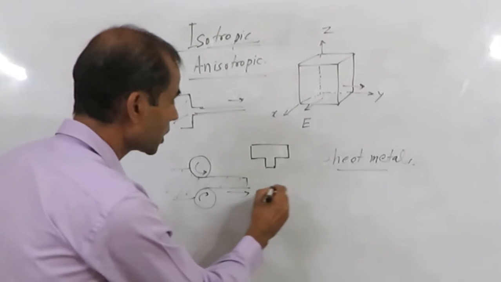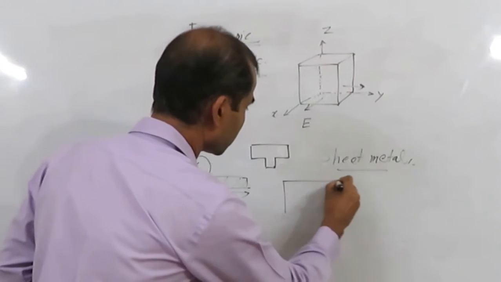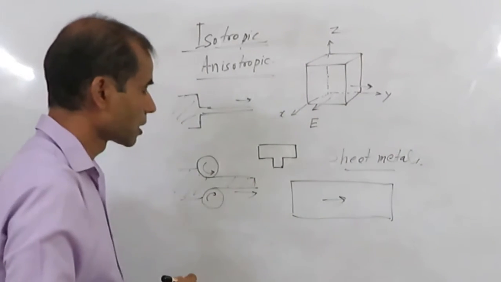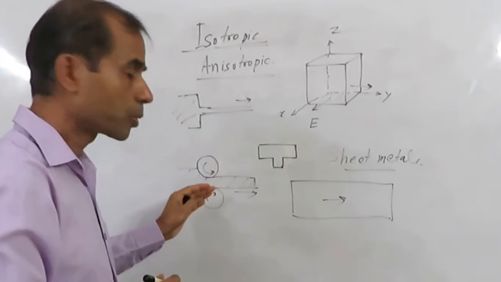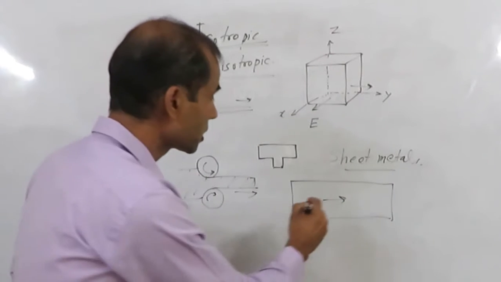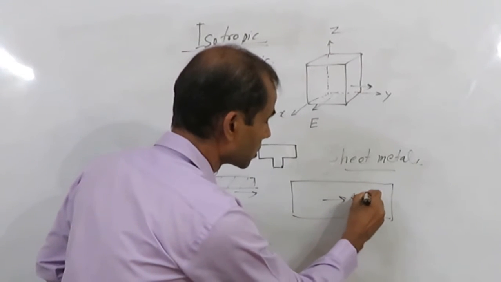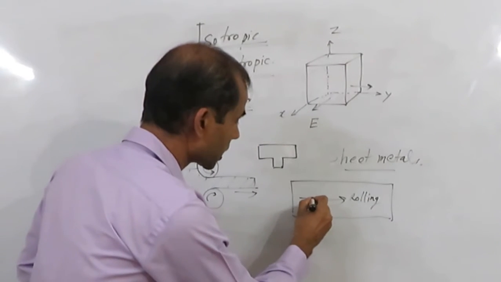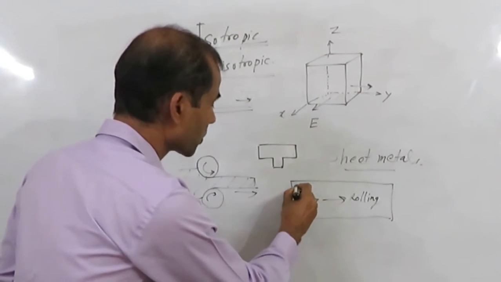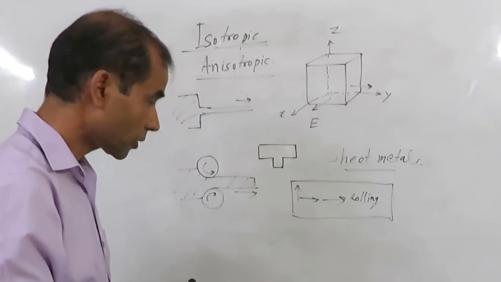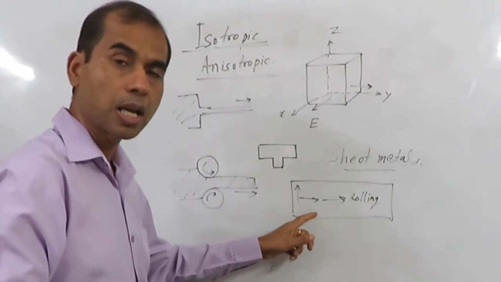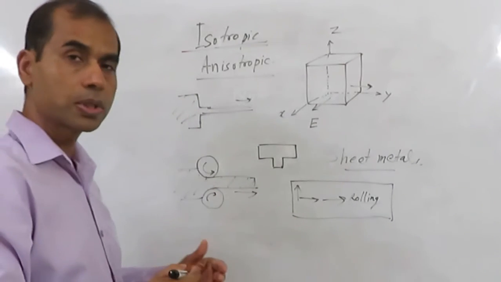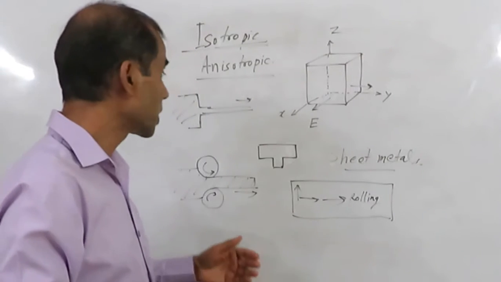So for example, by rolling we produce a sheet metal, and this is the direction of rolling. Then the properties in this direction will be different compared to properties in this direction. So this material will be anisotropic. So this kind of manufacturing processes will introduce anisotropic behavior in the material.